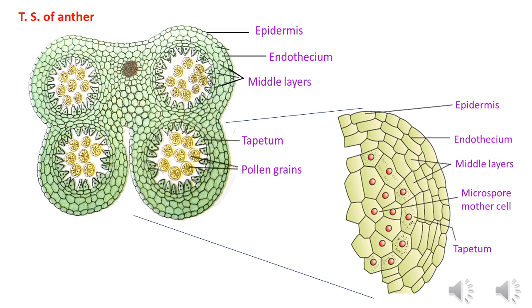Each such anther with 4 pollen sacs is therefore known as tetrasporangiate anther. Now, it consists of the following parts: epidermis, endothecium, middle layer, tapetum, and the sporogenous tissues. Each part we will discuss in detail in the following part.